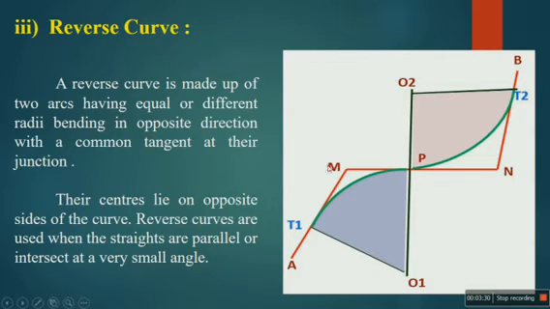Just observe here, this is the reverse curve, this is the main tangent and this is the other main tangent, and this acts as a common tangent for these two curves. The radii of these two curves may be the same or different, the bending is in opposite directions, and the centers of these two arcs are on opposite sides. This type of curve is called a reverse curve.